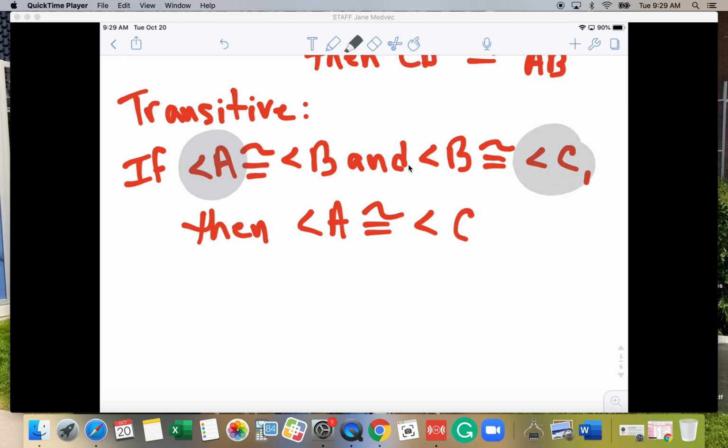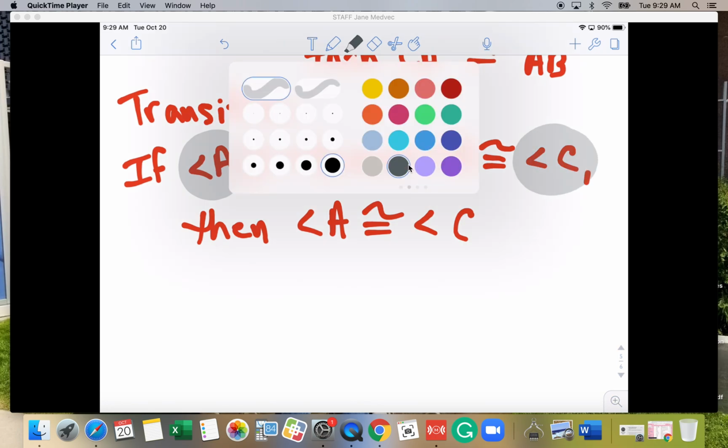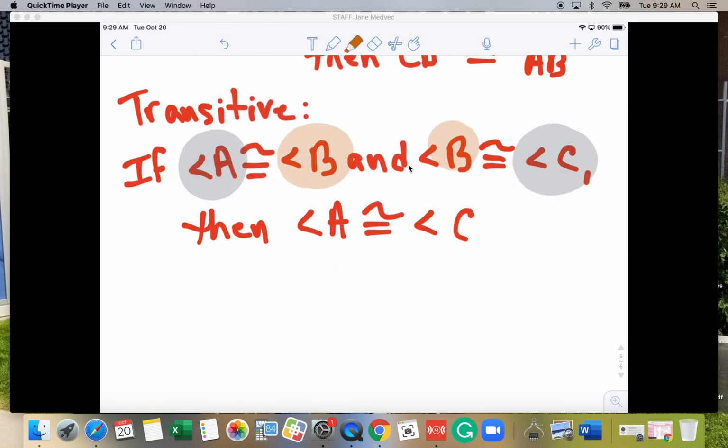Here's one part of the cookie, here's the other part of the cookie, here's the double stuff in between. I'm going to eat the double stuff and put the two ends together. So I'm going to take my A and put it here, I'm going to put my C here, and the B is tossed away. That's the transitive property.